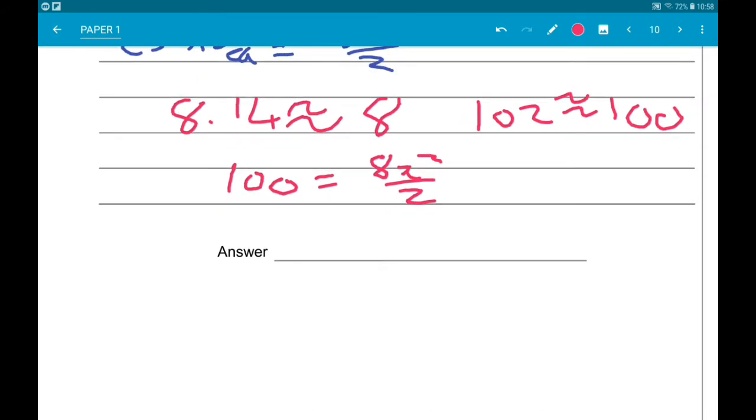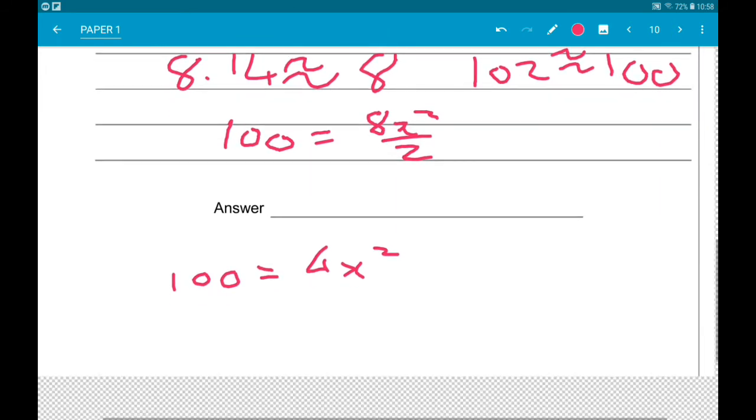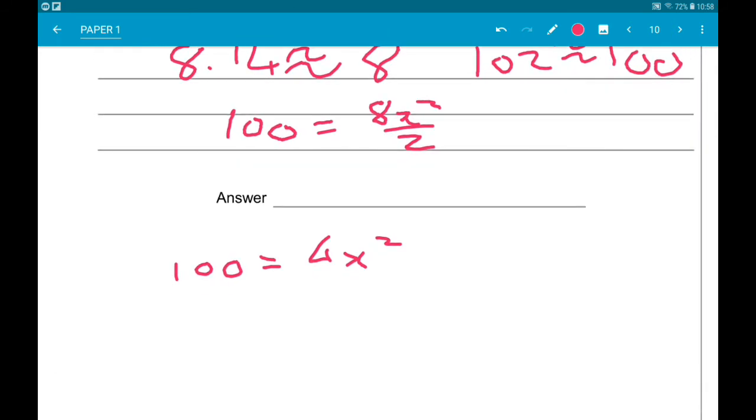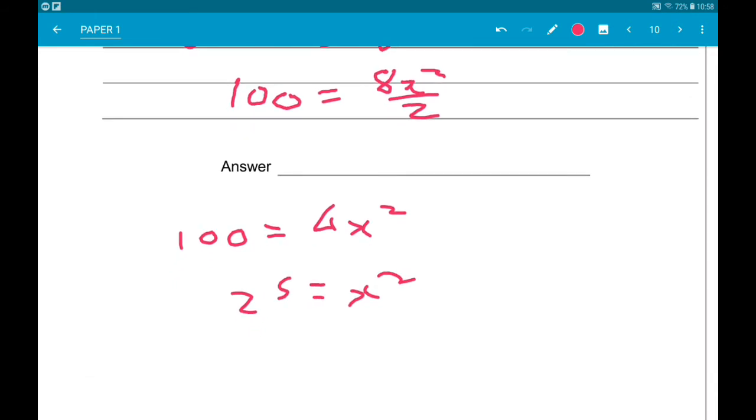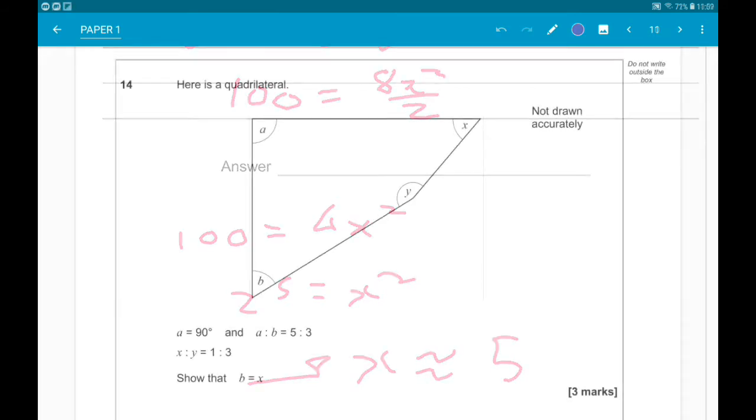So 8x squared over 2 is 4x squared. So we got 100 is equal to 4x squared. Divide both sides by 4. 25 is x squared. Square root, and we get x is approximately 5.